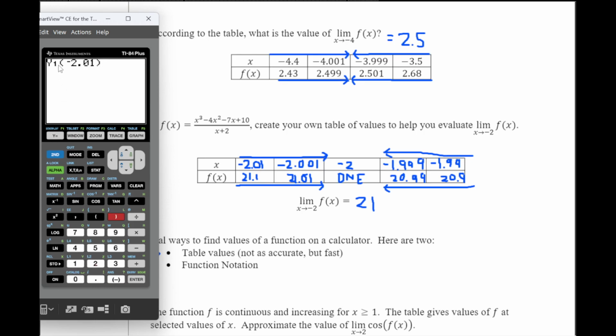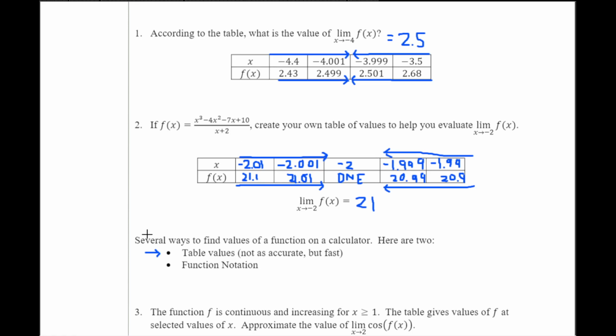This just does like f of -2.01. You're going to get the same answer, but it's a little more accurate because it gives you more decimal places. The table's quick, but it doesn't give you more decimal places. For the table values is fine, but later on you'll need to know how to use the function notation here.